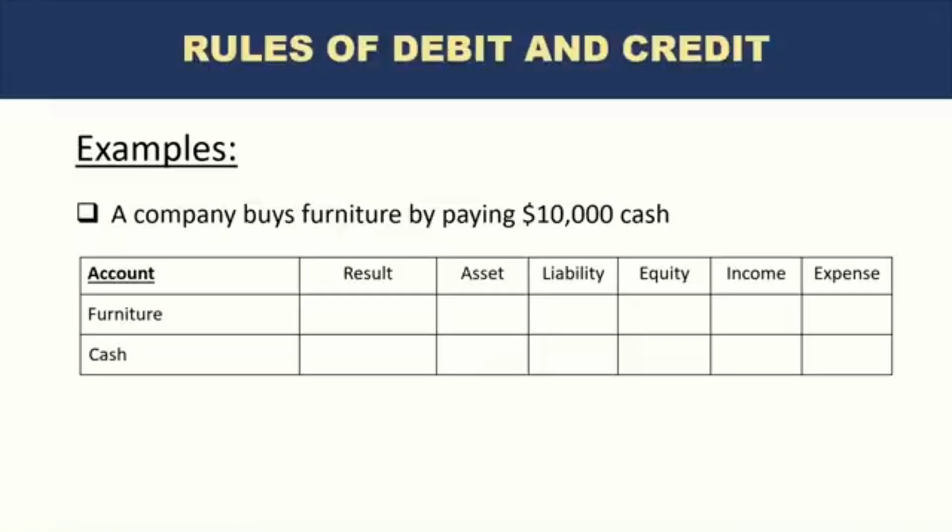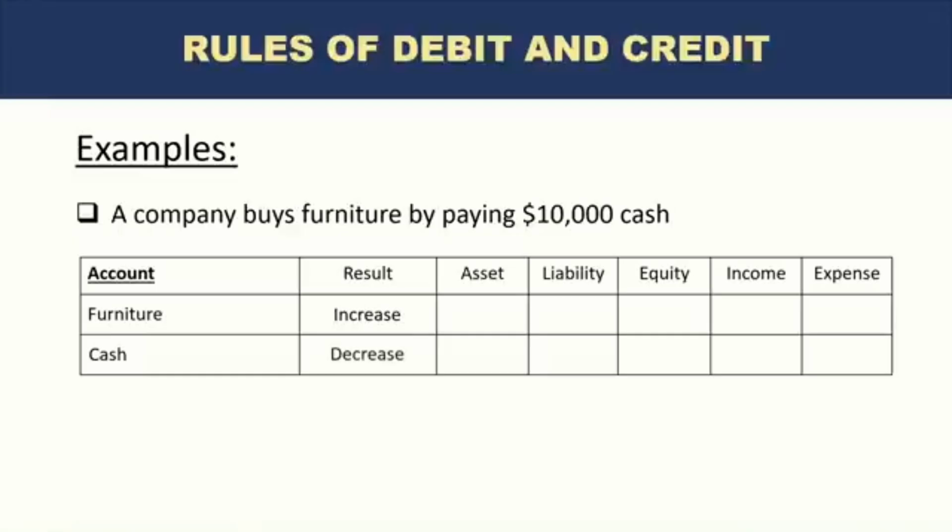Of course, there is an increase because the company purchased furniture, so the company has more furniture by an amount of $10,000. What about cash? Well, this time the cash is being paid out. Remember, in the previous example, the business owner was paying cash into the business bank account. So that's why there was an increase. But in this case, the company is paying cash. So there is a decrease in cash.